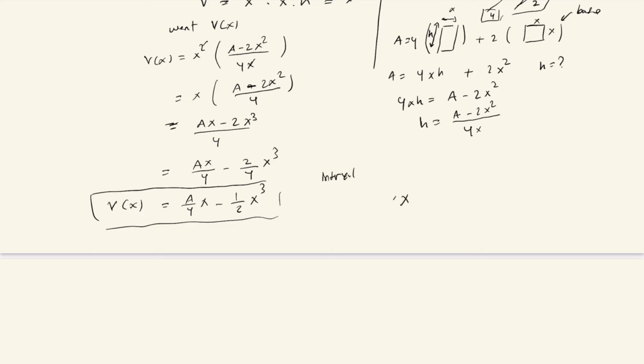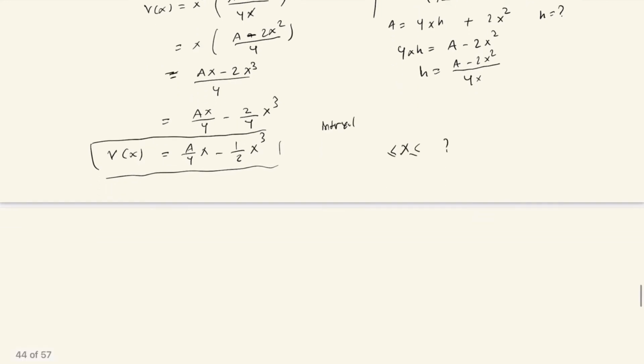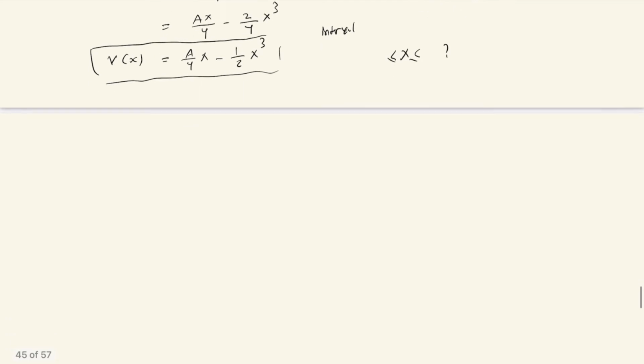Now we want to find the interval of x. So notice here, we have the surface area A. Here, the area of the bottom plus the area of the top should be less than or equal to the surface area of the whole shape. So remember, the area of the top and area of the bottom are equal, they are squares.